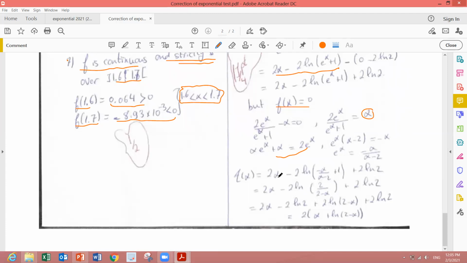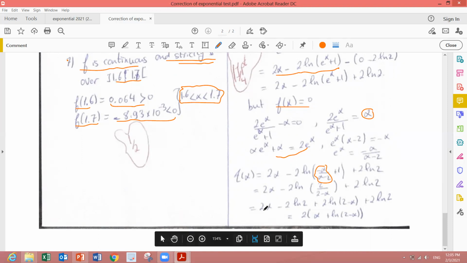So it will be 2 alpha minus 2 ln of (minus alpha over alpha minus 2 plus 1). I put in place of e to the alpha its value. We take the LCM here. It will become, alpha minus 2, I change the sign, this is 2 over 2 minus alpha.